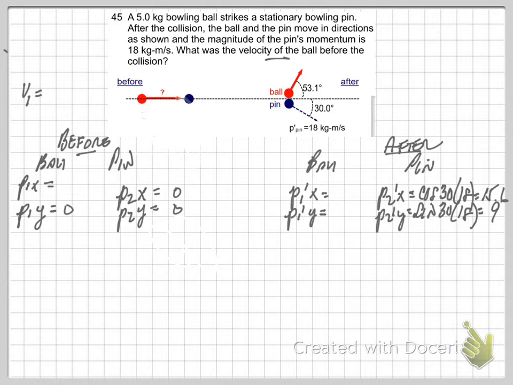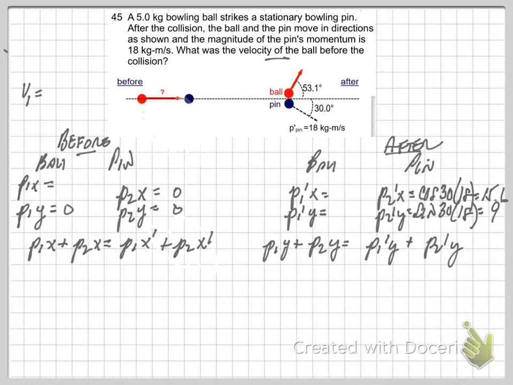So let's write our conservation of momentum in the x and y direction. I've written the two equations for conservation of momentum in the y and x direction. The ball, P1x, we don't know. P2x is 0. P1x prime we don't know as well.